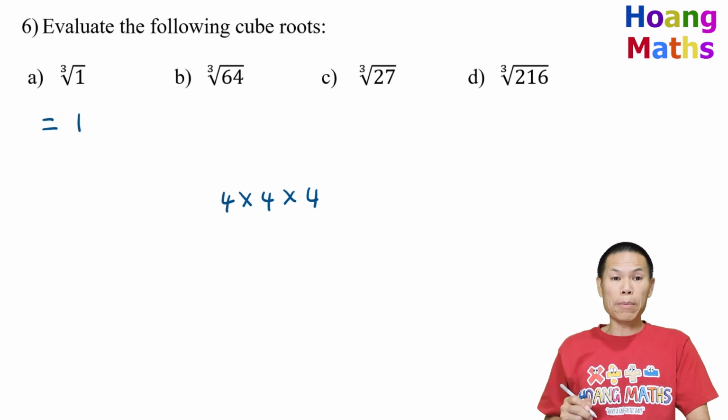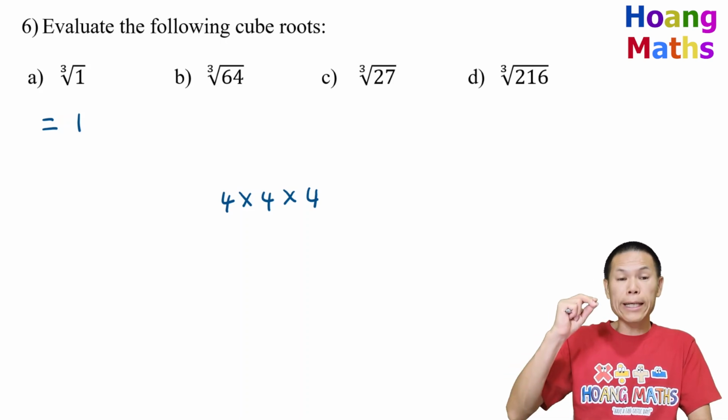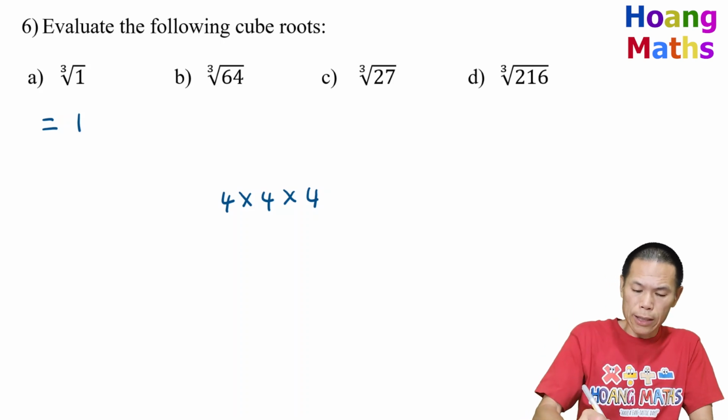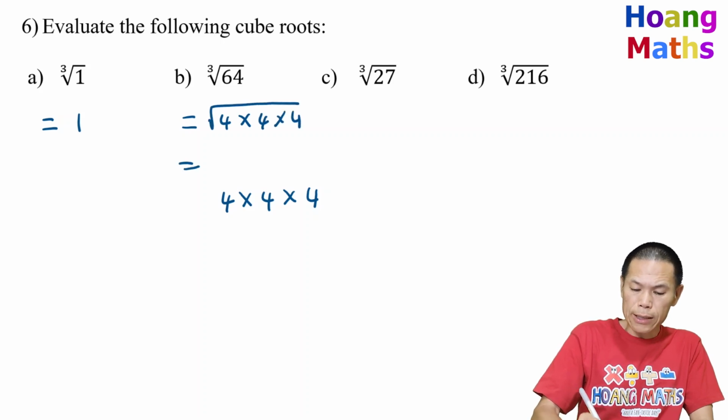So therefore, cube root of 64, the answer is 4. We can just write this down like this, if you wish, 4 times 4 times 4. So the answer is 4.